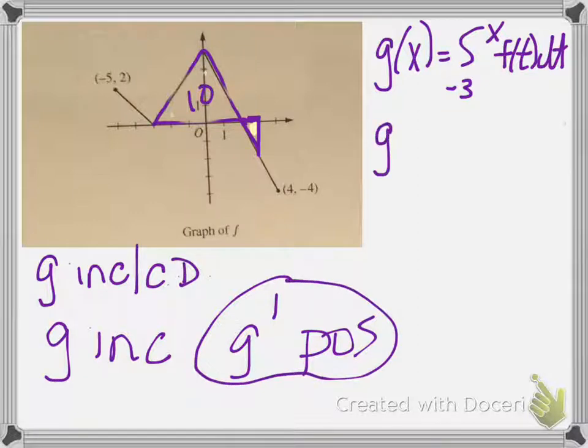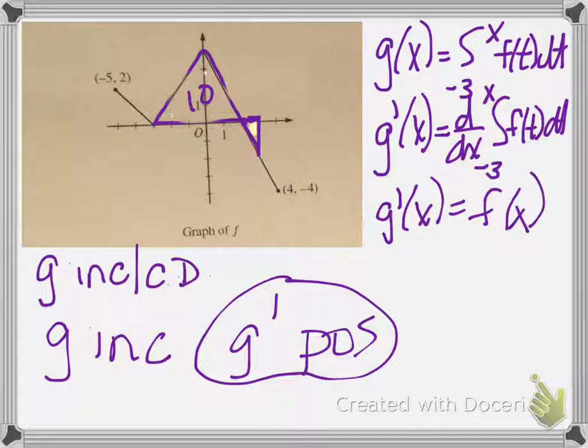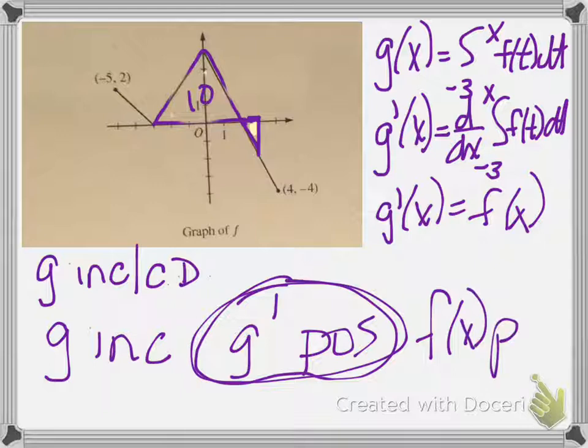We don't have G prime, we only have G, so we're going to find G prime by adding a prime to each side. And you will notice that this is the second fundamental theorem of calculus, so the whole thing just equals f of x. So if we're interested in when G prime is positive, we're really interested in when f is positive.